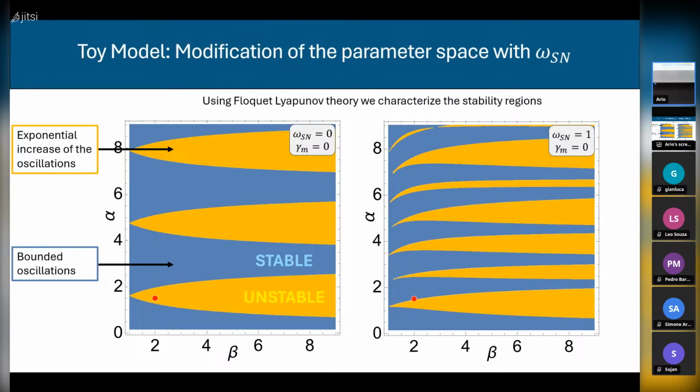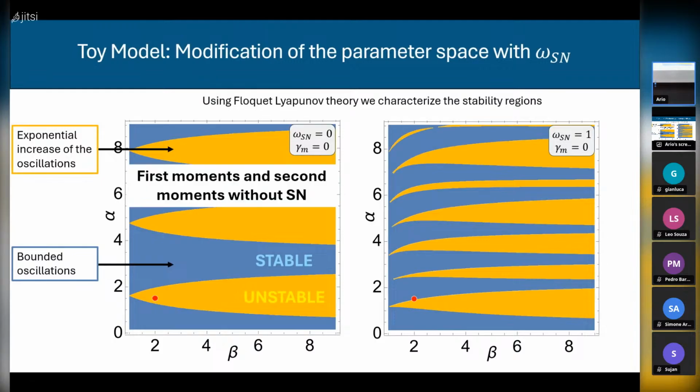And the idea is just that if you introduce another harmonic potential term, these regions are going to change. So if you are able to tune alpha and beta in such a way that in one of the two cases you are unstable, and in the other one you are in a stability region, you should expect two different behaviors from the solution of the equation.